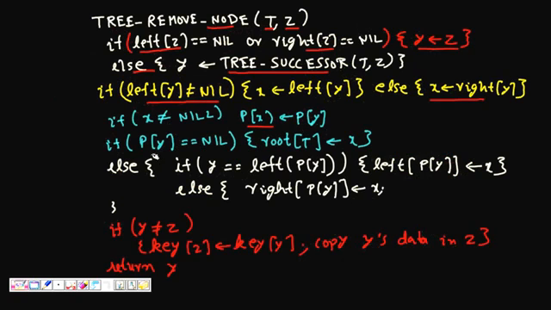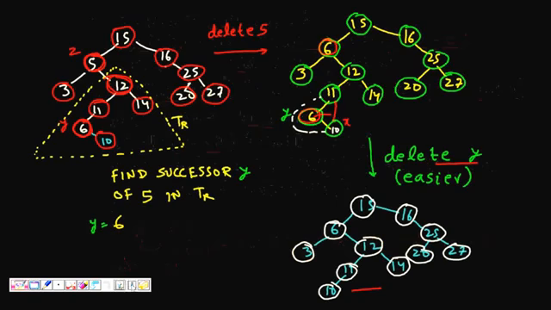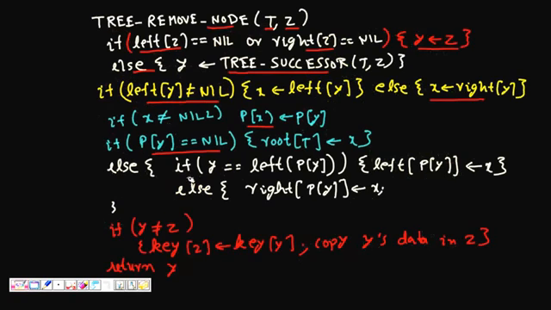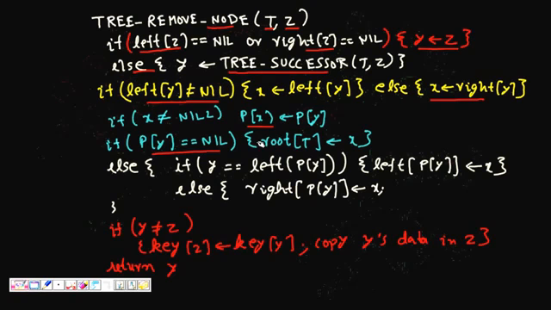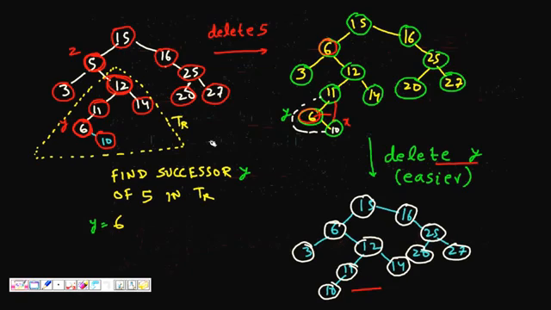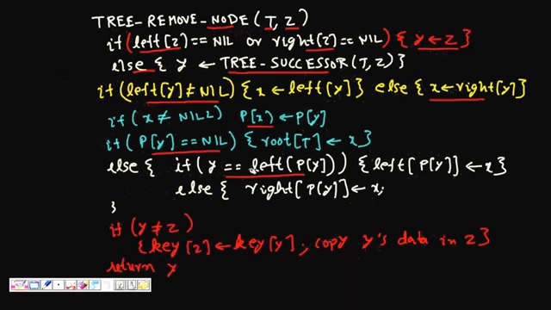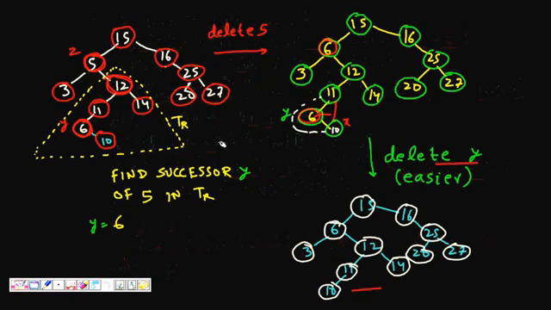So what happens here? If parent of y is null, which is not the case, so it is not followed. Else, if y is the left child of its parent, then x will also be its left child. So we make left of parent of y equal to x.